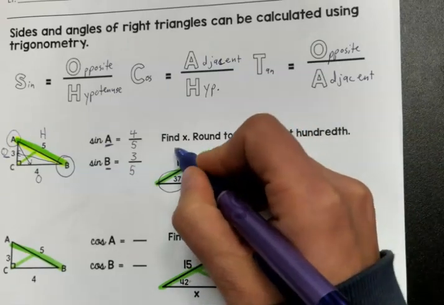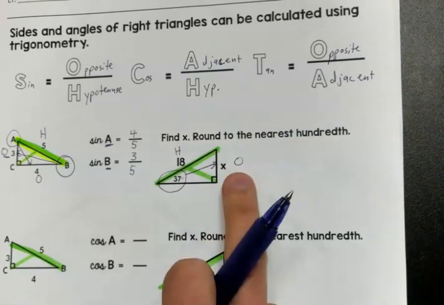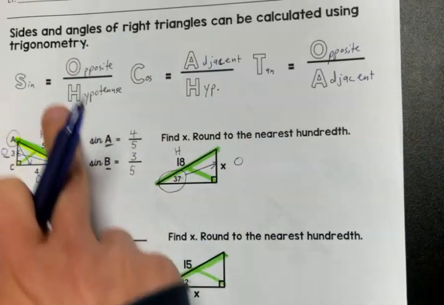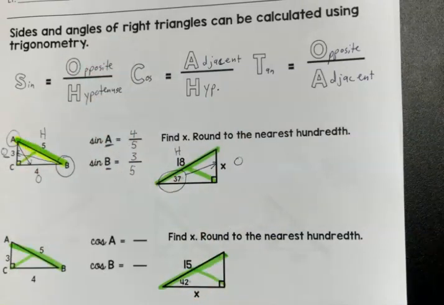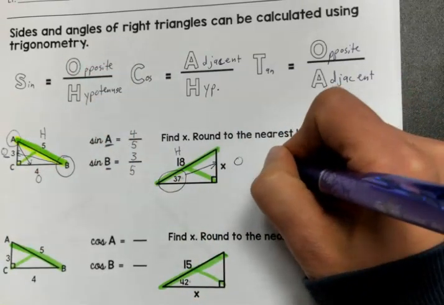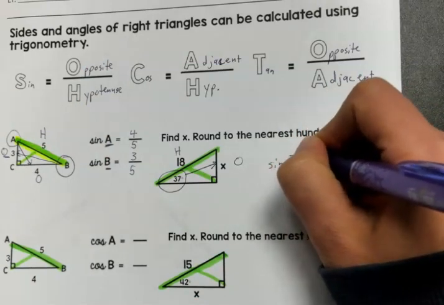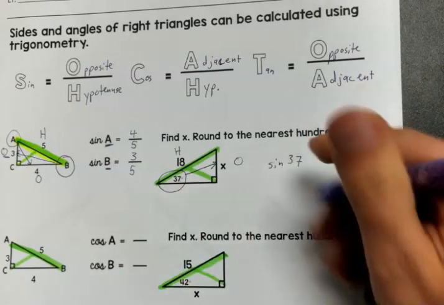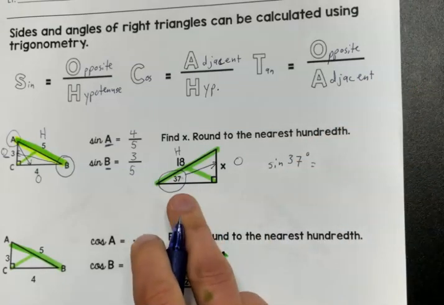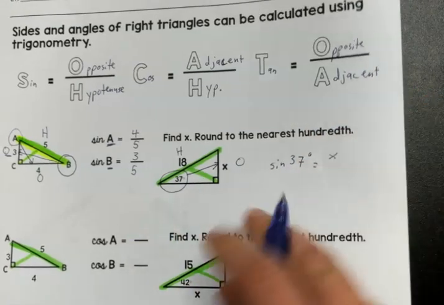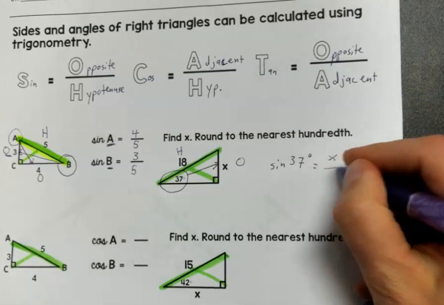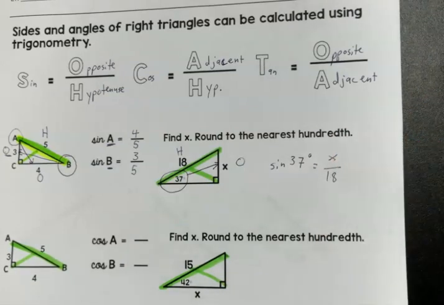And the other side that's filled in is the hypotenuse. Opposite and hypotenuse, which one of these ratios was that? That was sine. Okay? So sine of 37, because that's the angle, is equal to x, is what was opposite, over 18 for the hypotenuse.